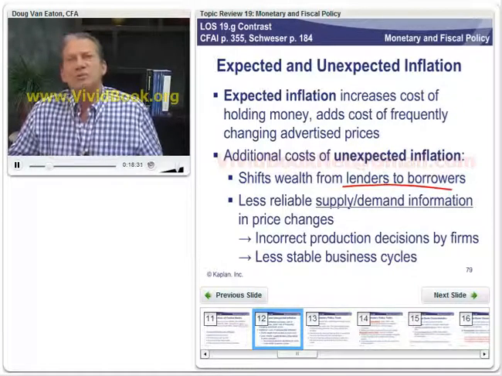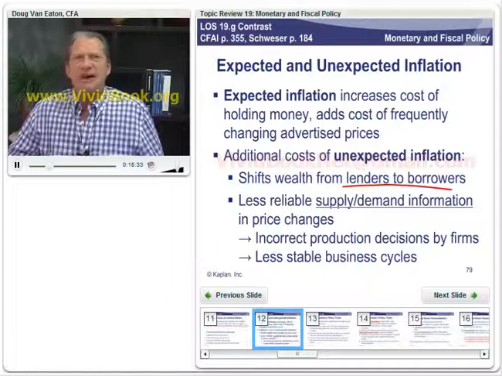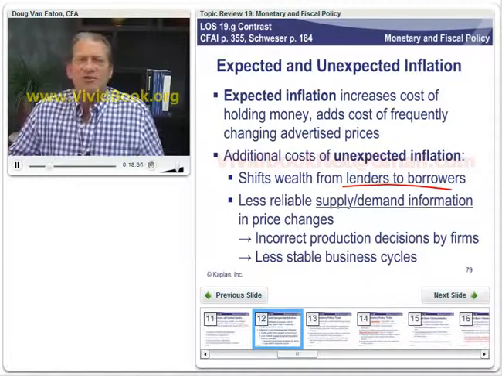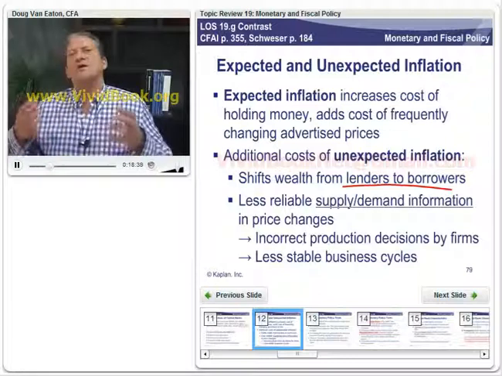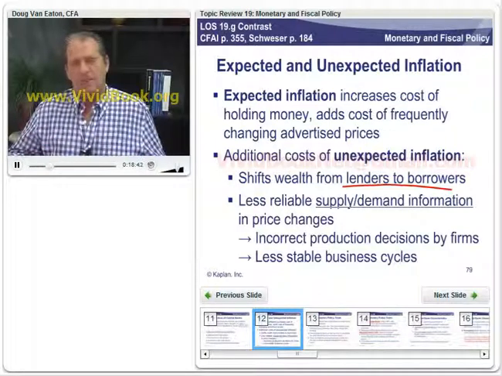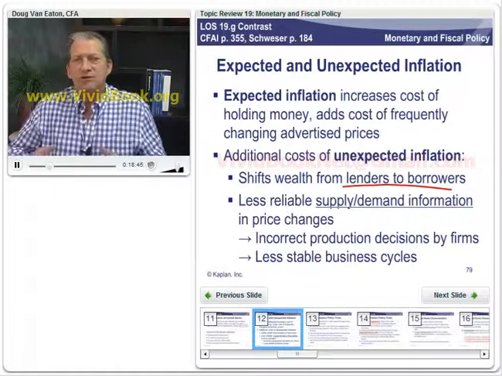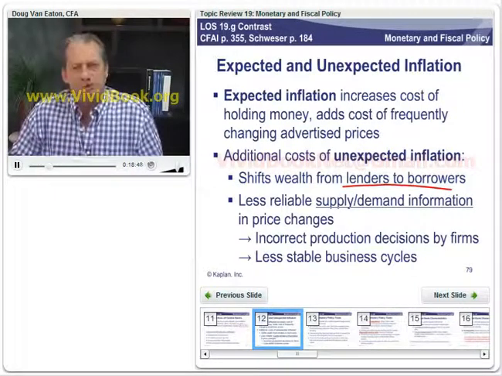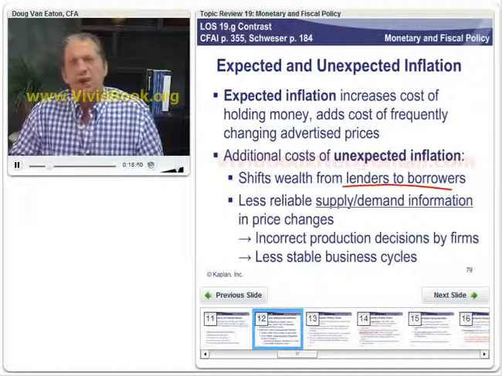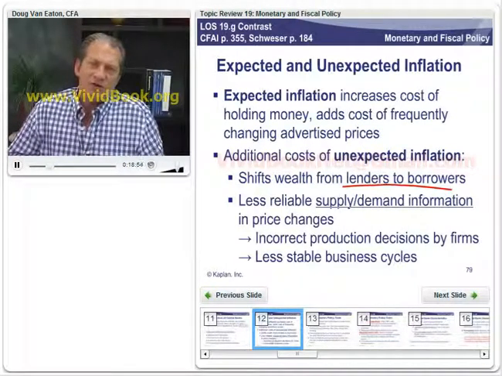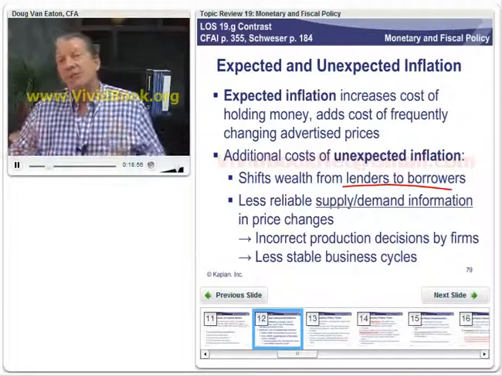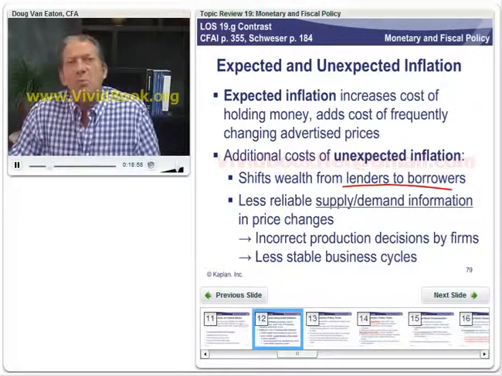Also, when there's unexpected inflation, supply-demand information and price changes becomes less reliable. So I've got a product out there, I'm a producer, and I see that prices are going up. People are willing to pay more for my goods. Now, if I don't think this is inflation, or I don't understand well that this is inflation, I may think people are really starting to love my products more.